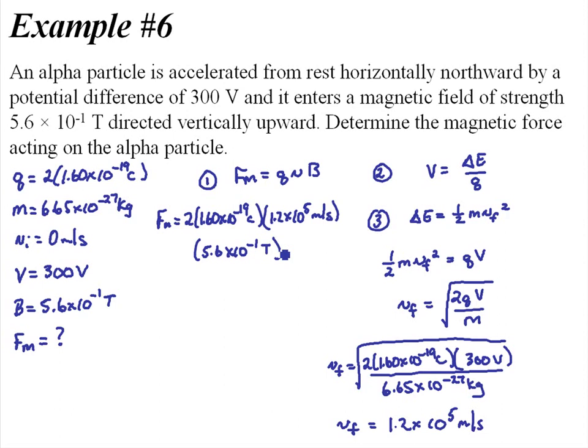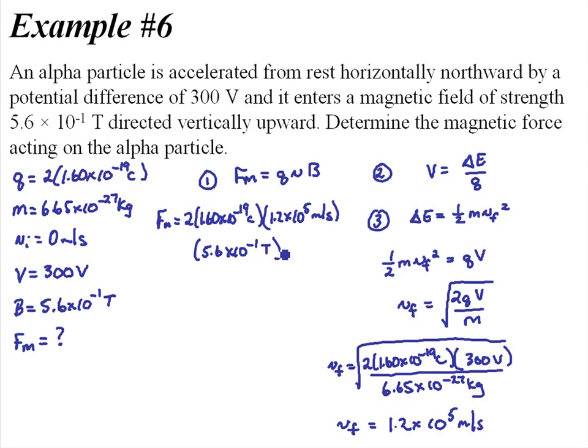I still have that on the calculator, so I'll multiply that by 2, times by 1.6 to the exponent negative 19, and I'll also multiply by the magnetic field strength, 5.6 times 10 to the negative 1, and I should get 2.15 times 10 to the negative 14.